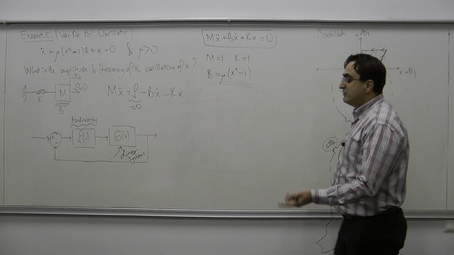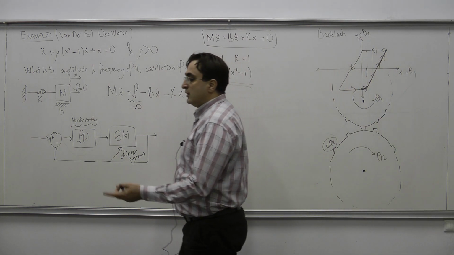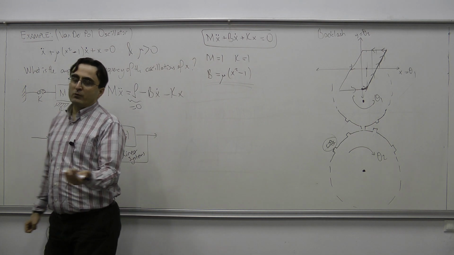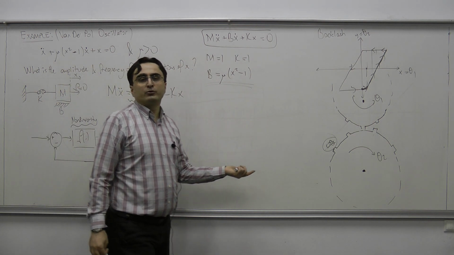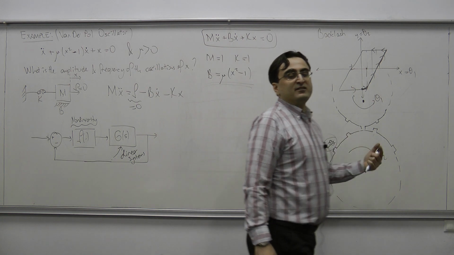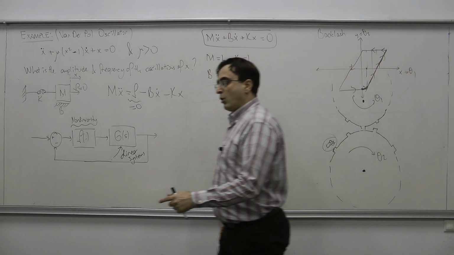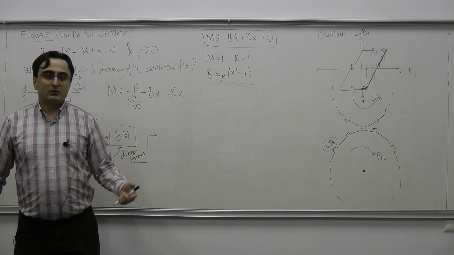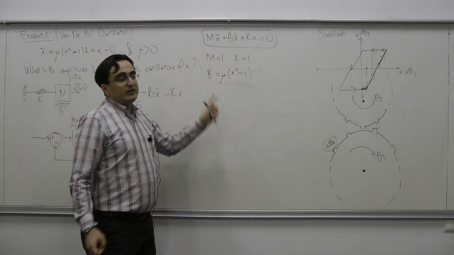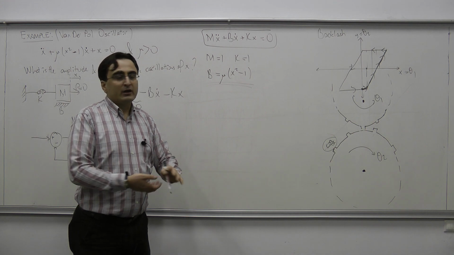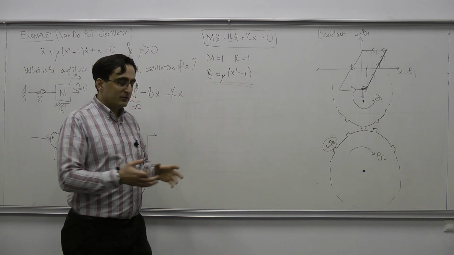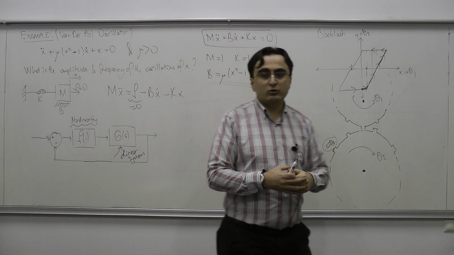What does it mean to have a negative friction coefficient? A positive friction coefficient, which we are more used to, means that the system is going to lose energy. Then a negative friction coefficient means that the system is going to gain energy when x is close to the equilibrium.